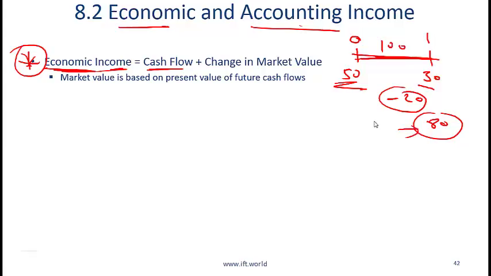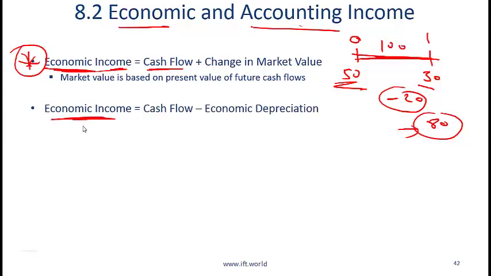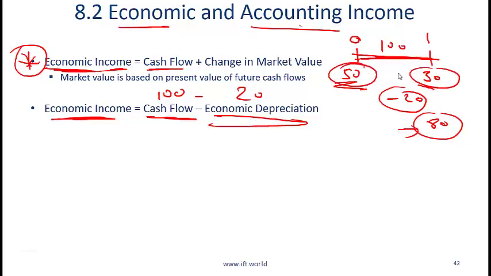That is economic income. The other way of expressing the same concept is to say cash flow, which is 100, minus economic depreciation. Economic depreciation in our example is 20. This is the actual economic depreciation. What do we mean by economic depreciation? It is the change in market value. But the subtle distinction here is when we talk about depreciation, if the market value went from 50 to 30, then the depreciation is 20.